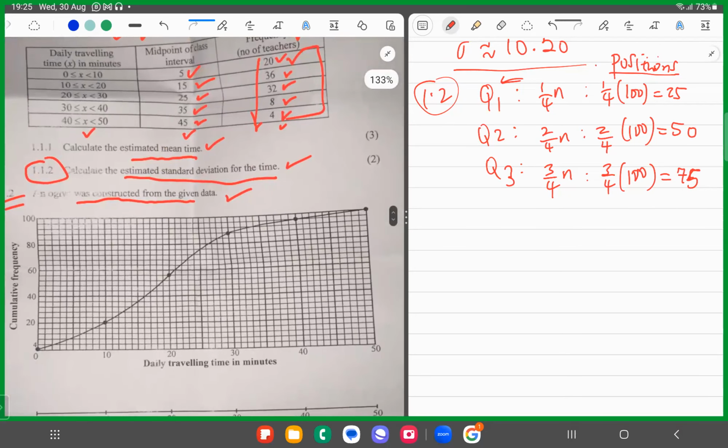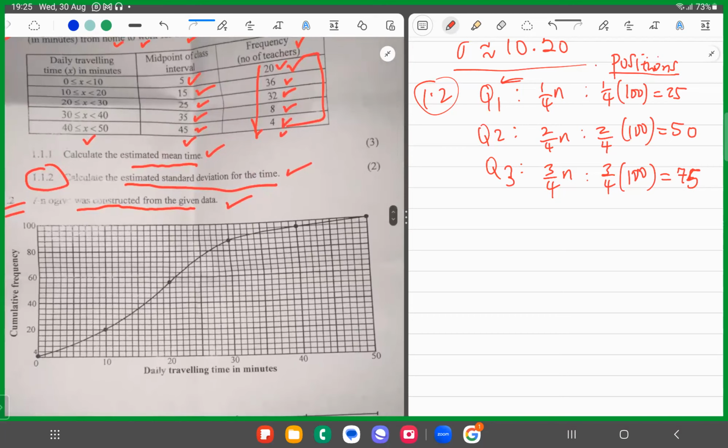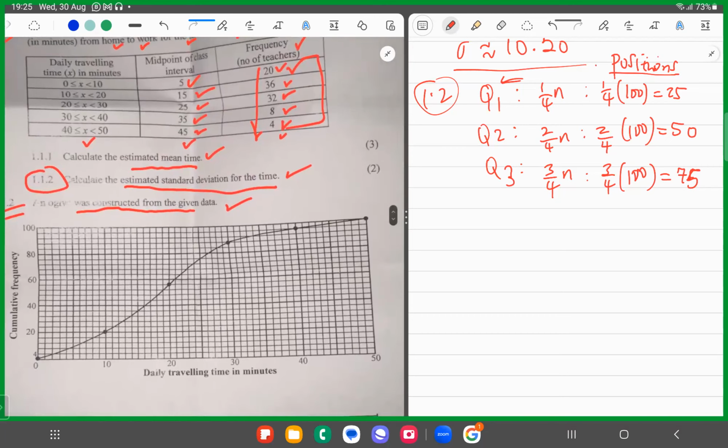Right, you realize a couple of things here, as a matter of fact, that this one is the cumulative frequency block. So in the cumulative frequency block, where do you have 25 as the position? So you have 20 here. And you have 4, 1, 2, 3, 4, 5. So this is like steps of 4.